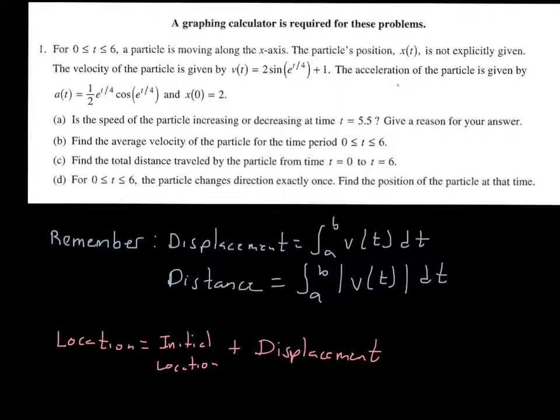So the distance it traveled and the displacement will be equal up until you change direction. But the other thing you have to be aware of is where you are starting out initially. In this problem, they do tell us that x0 equals 2. So if you want to find location, it's going to be the initial location plus the displacement. So in this case, it's going to be 2 plus whatever that displacement came out to be.